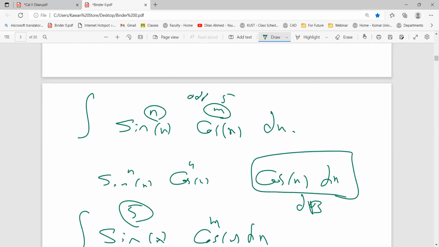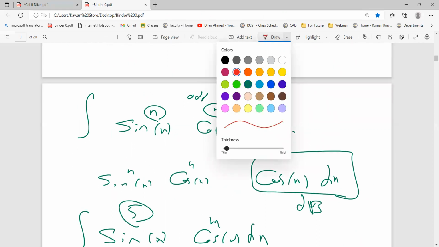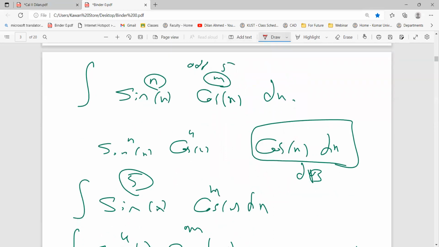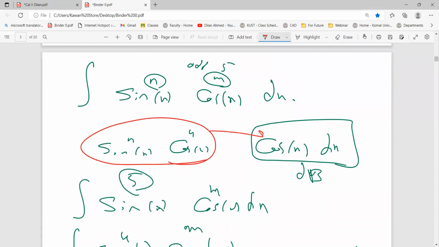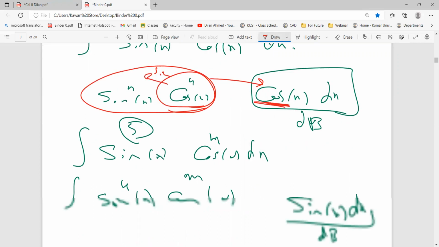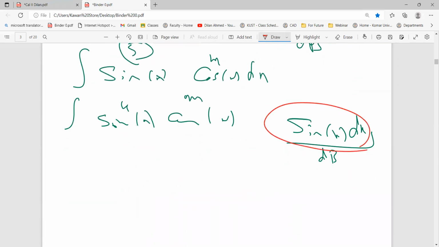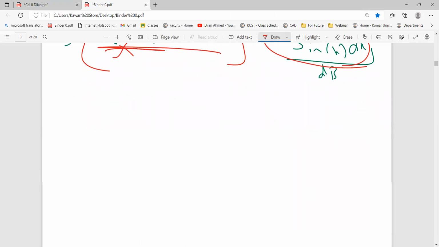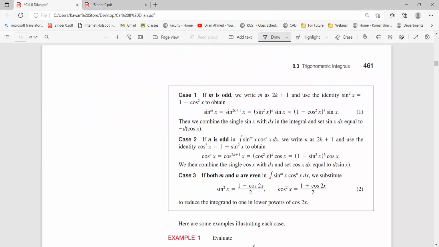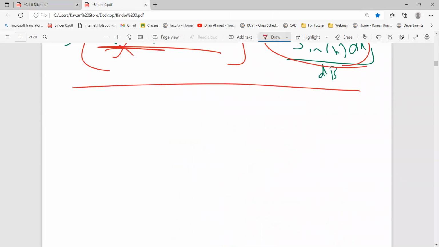The second step is to change everything here, opposite: cosine to sine. I have sine, so I'm going to change all things here to cosine, opposite, okay? How? By identity. To get more information, I'm going to solve that example for you. Sine to the power 3 dx, sorry.